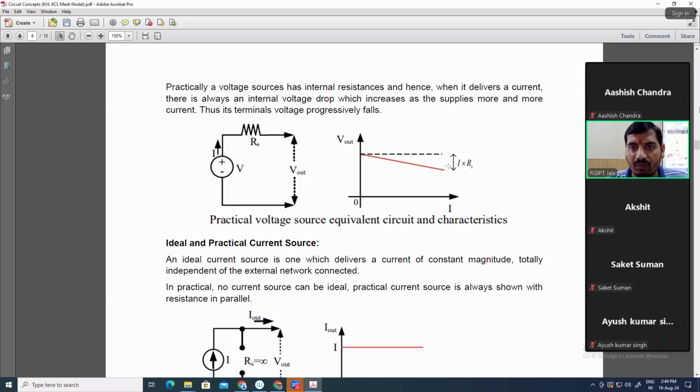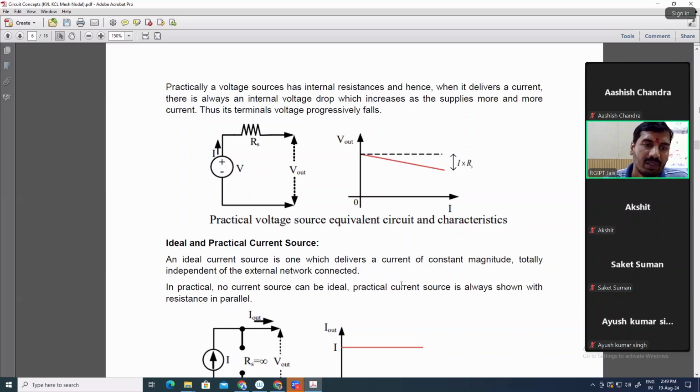So there is a voltage dip in the output voltage of practical sources. Based on the loading, when the current value increases, the terminal output voltage will reduce. This is the equivalent circuit of a practical voltage source and its VI characteristic.